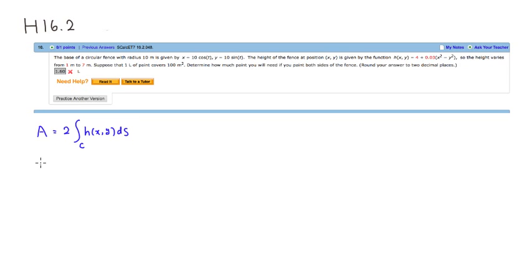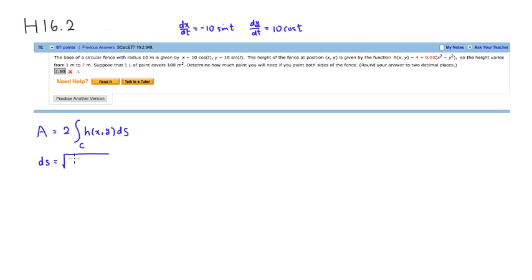That's going to be, ds is going to be a square root of the derivative of x with respect to t, which is going to be negative 10 sine of t, and the derivative of y with respect to t would be 10 cosine of t.